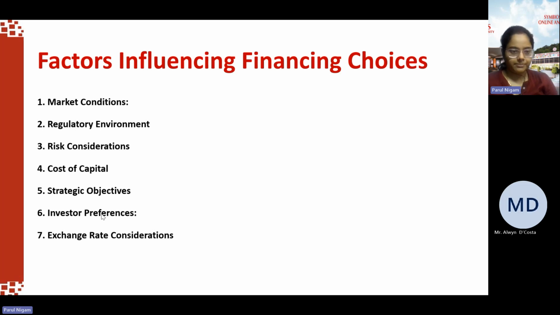I think it is clear that cost of capital is a combination of cost of debt plus cost of equity. Okay, so now what impacts this cost of capital? So first, since it is international financing, the biggest reason is going to be your currency fluctuations, the exchange rate. Wait a second.